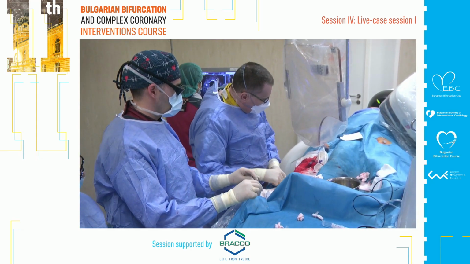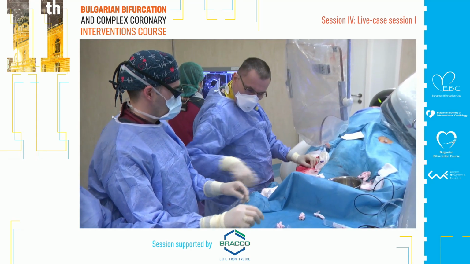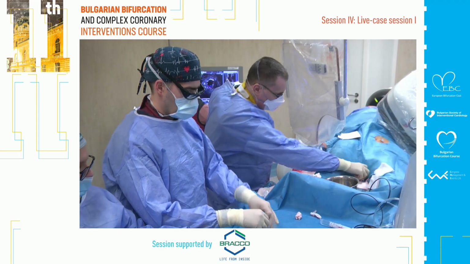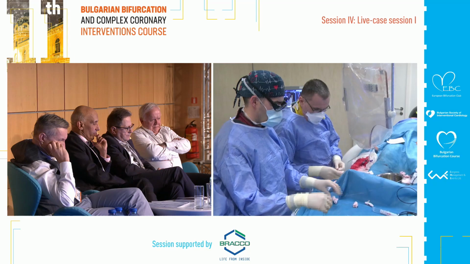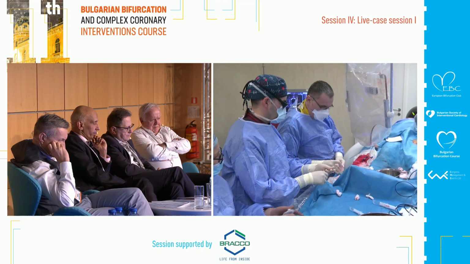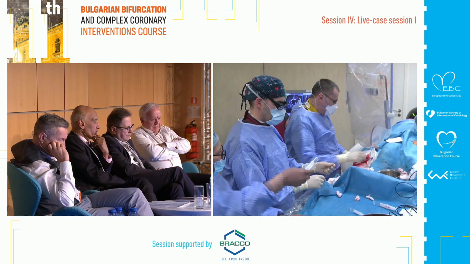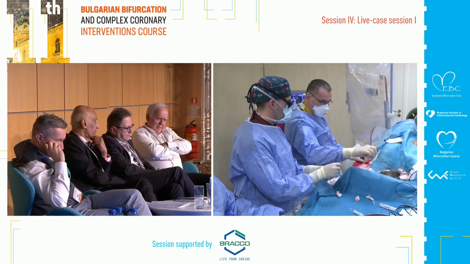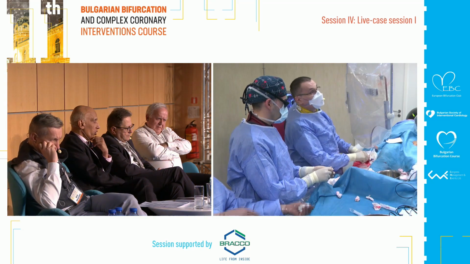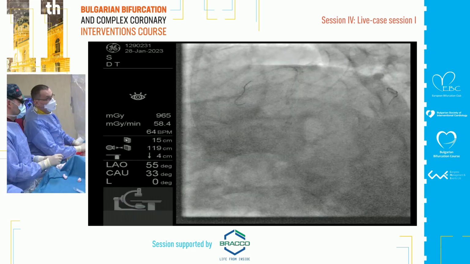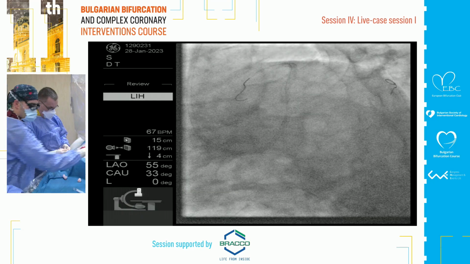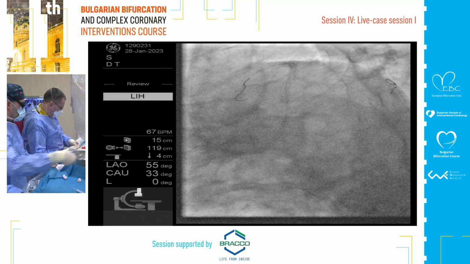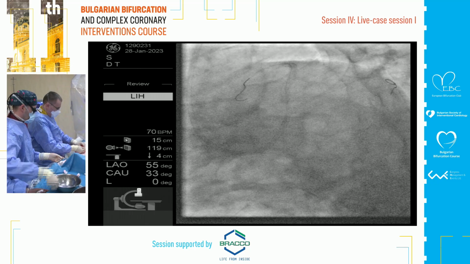In general, if IVUS crossed the ostium of circumflex, I do not expect severe compromise. But we'll see. You're going to post dilate the LED stent, right? Yes, for sure. Absolutely. By the way, for now, the most significant place, minimum stent area is 6.4, which is actually good.